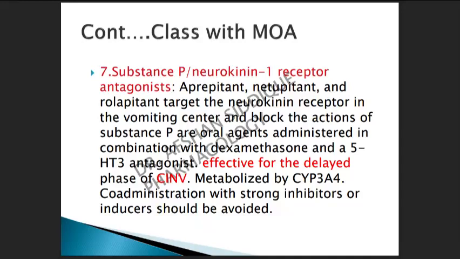They specifically target neurokinin receptors which are located in the vomiting center, and they block the effect of substance P, which acts upon the NK1 receptor.